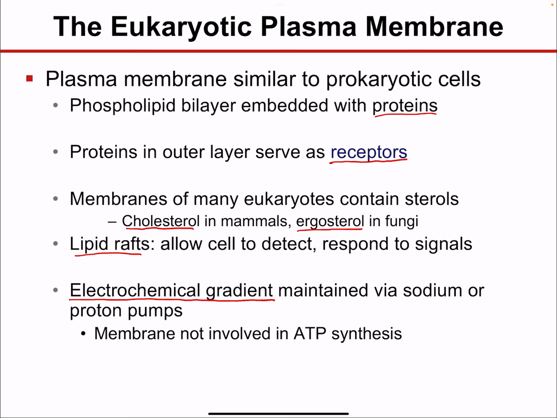However, in animal cells, this electrochemical gradient does not happen in the plasma membrane. It does happen in the membrane of mitochondria, and specifically the inner membrane of mitochondria. That's in animal cells.